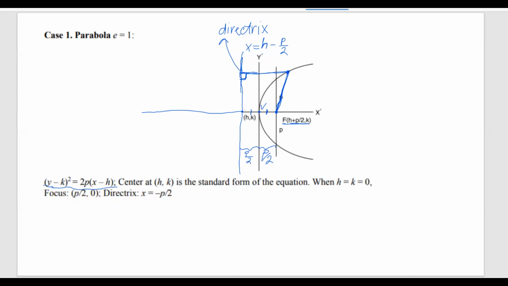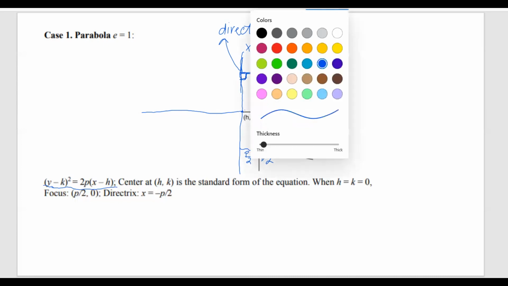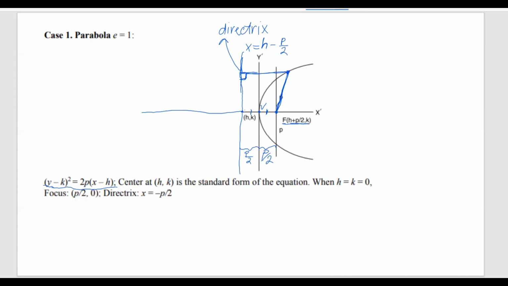And this is true with any point on the parabola. I'm going to use another color. If I take, let's say, this point over here on the parabola, and I go from the focus to this point, then this distance in red equals this distance over here, which falls perpendicular on the directrix. So this is the relation between the focus and the directrix.